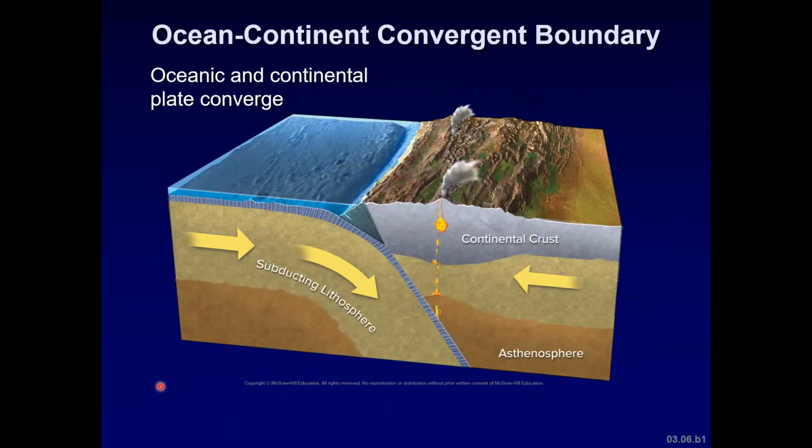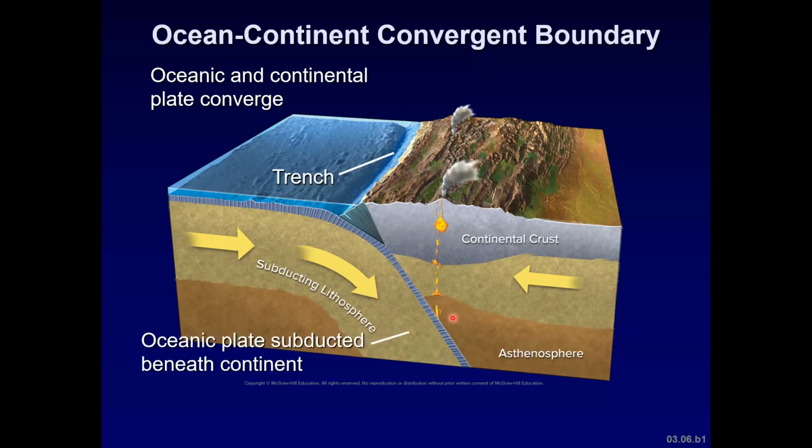Okay. When an oceanic plate converges with a continental plate, here's a model of how that works. We have a trench as well, just like with ocean convergence. Here, the oceanic plate is pulled down and subducted beneath the continent, forming that trench. Once again, the overlying mantle is partially melted.